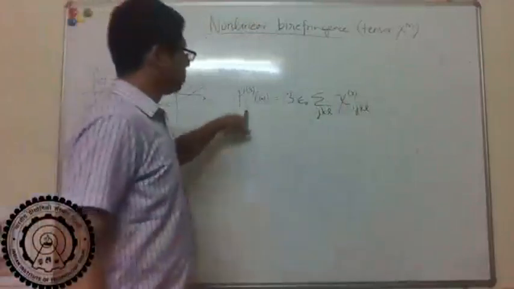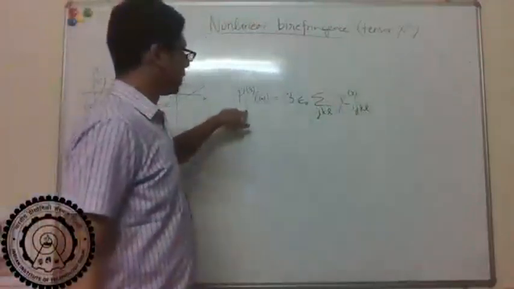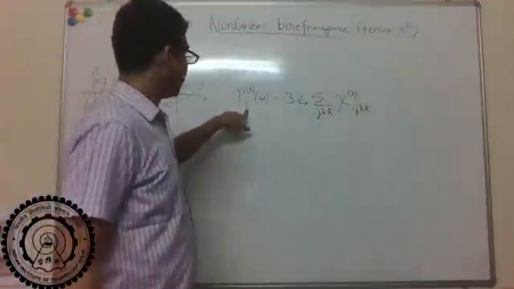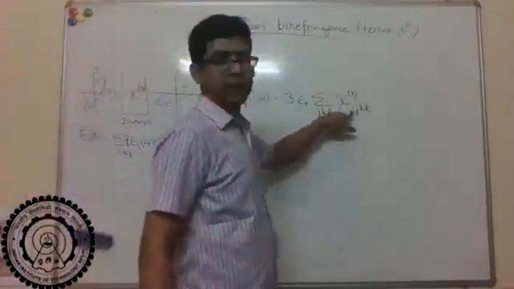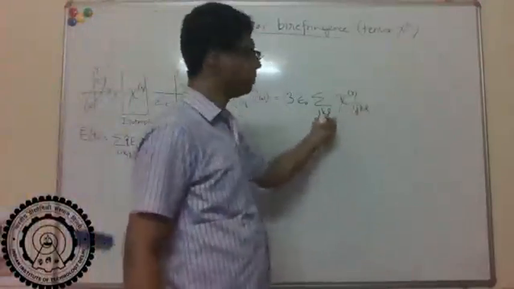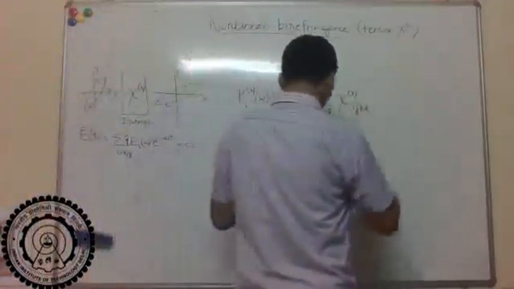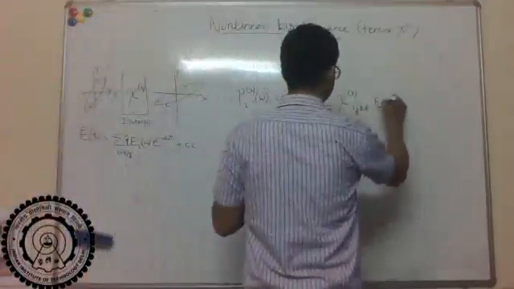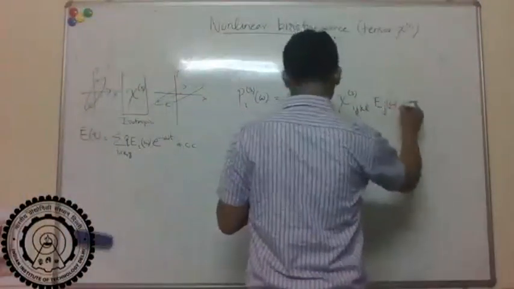So I want to see the polarization in the medium which is induced in direction I. So the first index is I, and then the other three indices would be variable. And those three indices correspond to my fields.